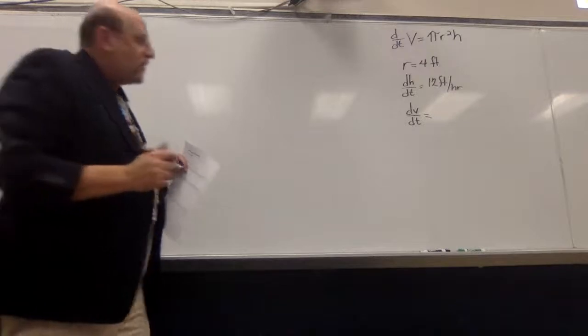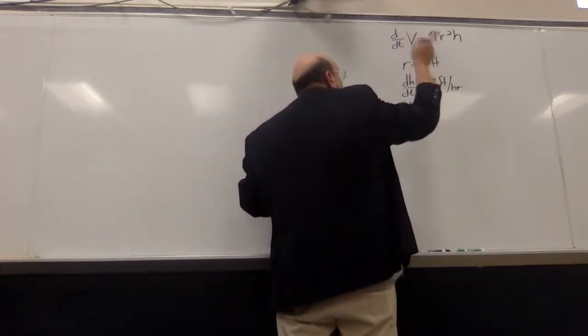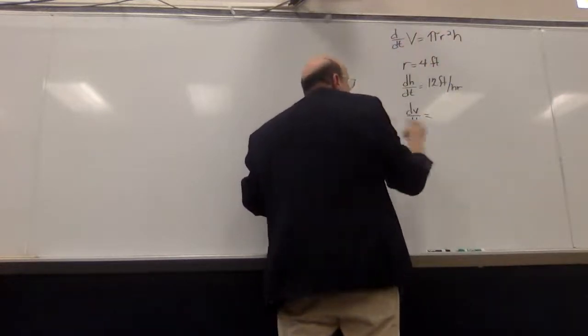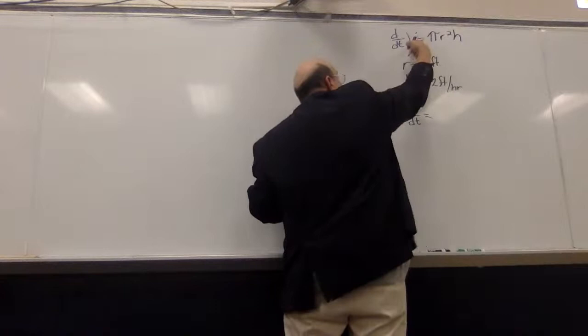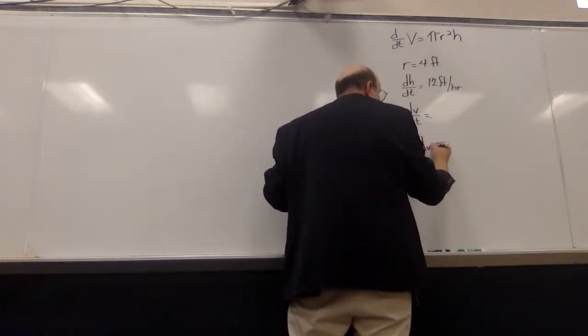We can leave pi as pi. It's just a coefficient, right? So let's differentiate V, and all we're left with is dV/dt.